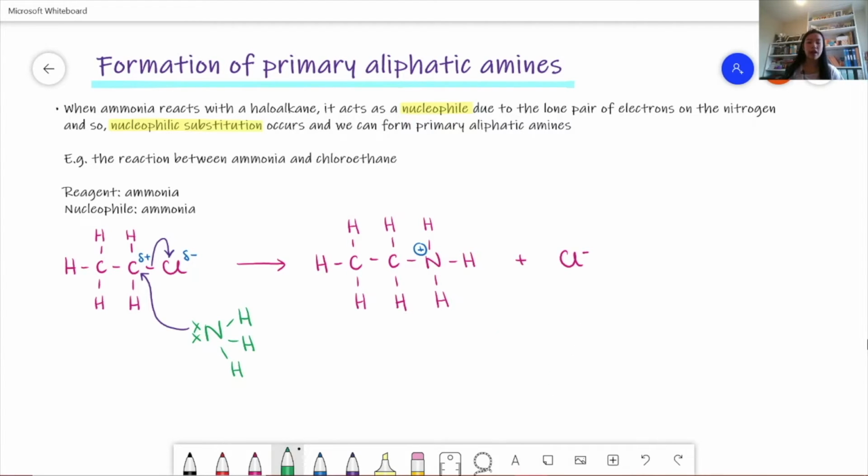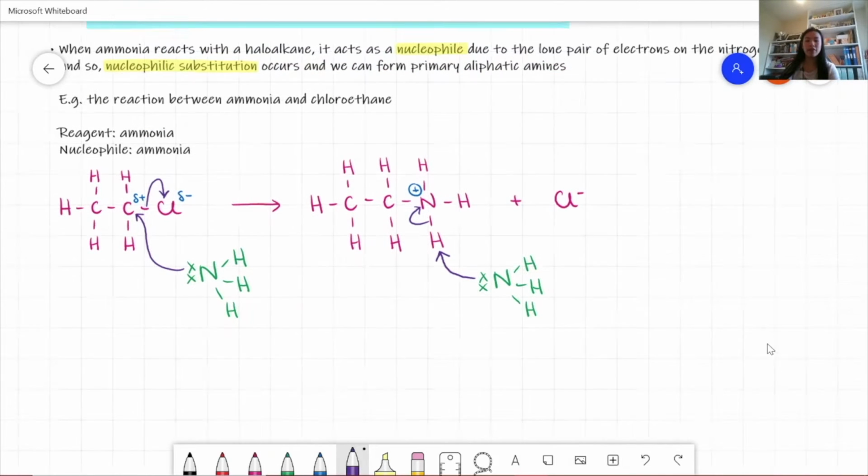Here we have the second ammonia, again with the two electrons ready to form a covalent bond. What it does is that it attacks this hydrogen, which is attached to the positive nitrogen. Then these electrons from this covalent bond move towards the positive nitrogen. And so now we can form the primary aliphatic amine.